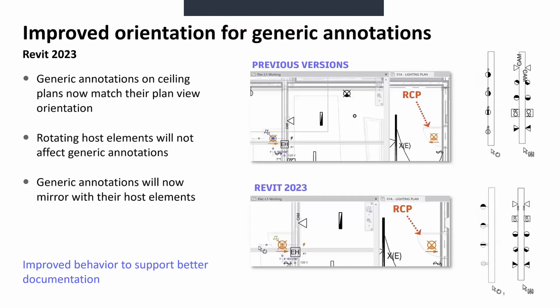Now they've improved that in 2023, where that annotation actually flips with the family as it flips over a wall or is visible in the ceiling or floor plan. So everything looks the same. Now you're probably going to have to go back through all your families and flip them to be the correct way if they're ceiling based. But now they'll look correct in floor plan and ceiling plan.